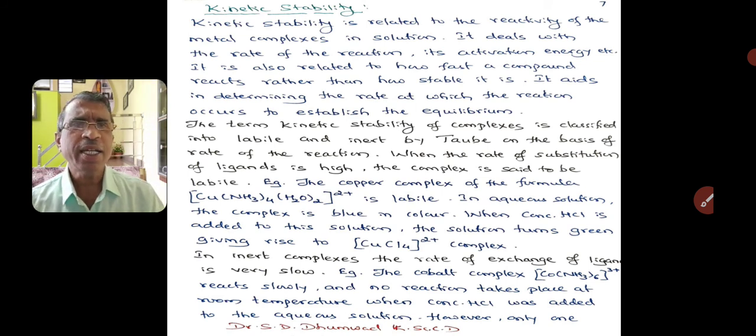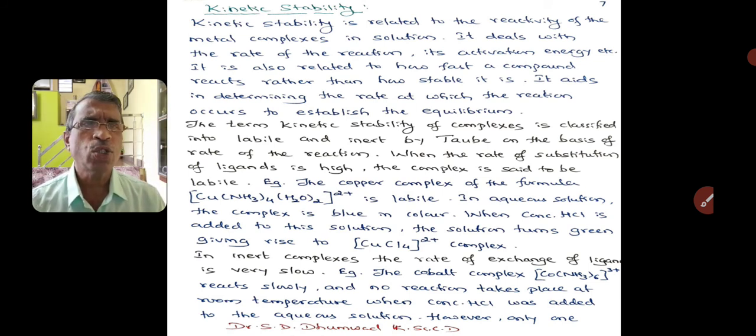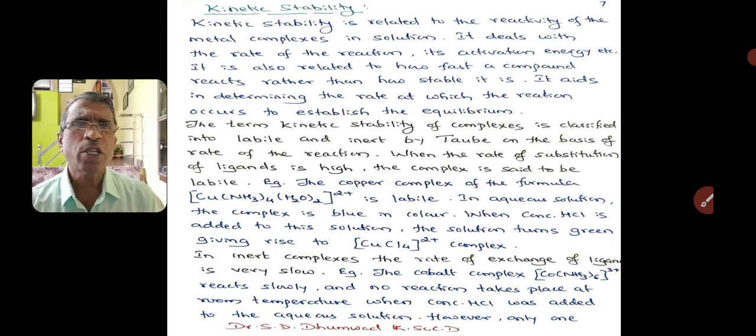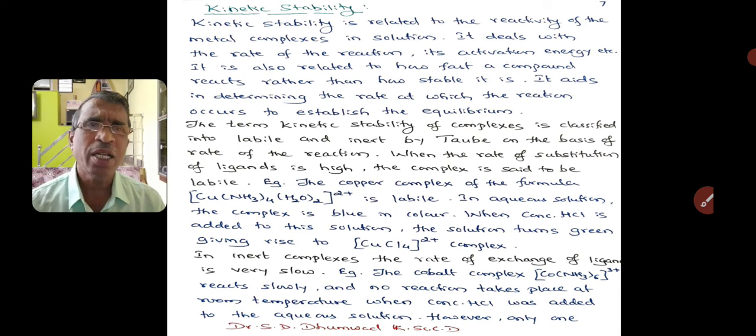The kinetic stability of complexes is classified into two, called labile and inert, by Taube, on the basis of the rate of the reaction. When the rate of substitution of ligands is high, the complex is said to be labile, or kinetically very fast.